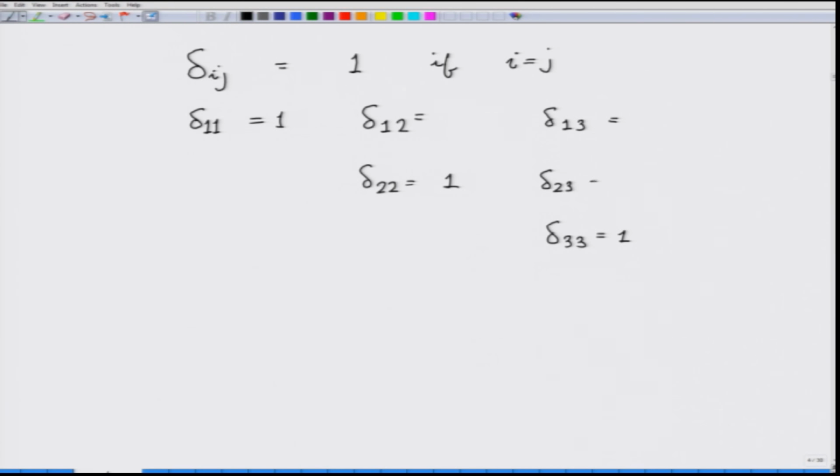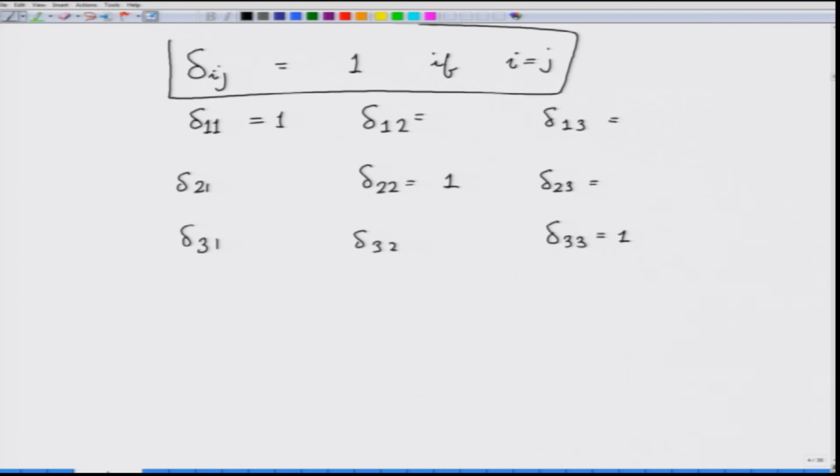So, this part we have taken care of by writing delta 1 1 equals 1, delta 2 2 equals 1, delta 3 3 equals 1, and delta i j is equal to 0 if i is not equal to j, and therefore, all the other terms are going to be 0.